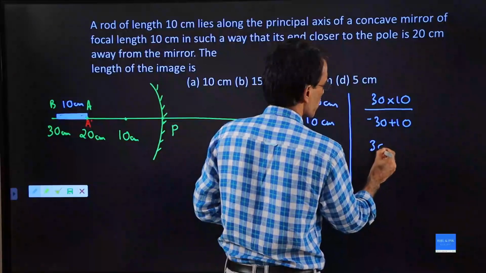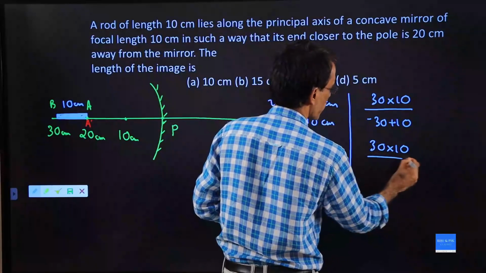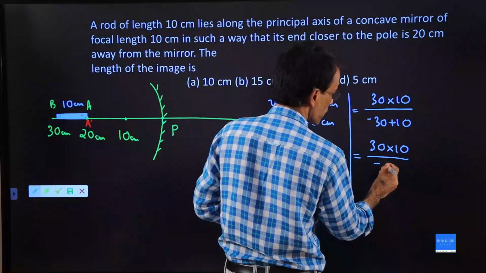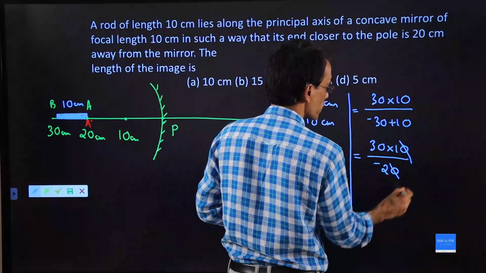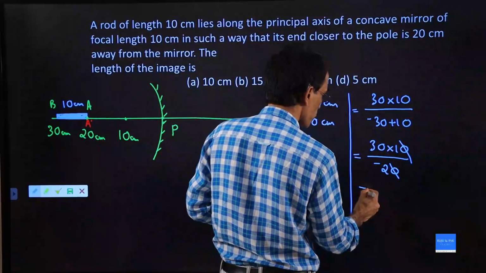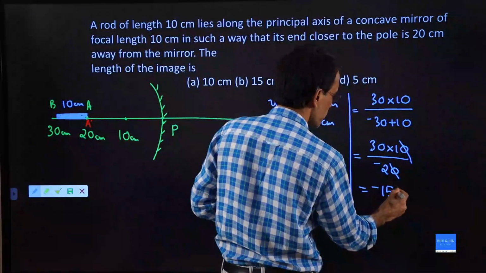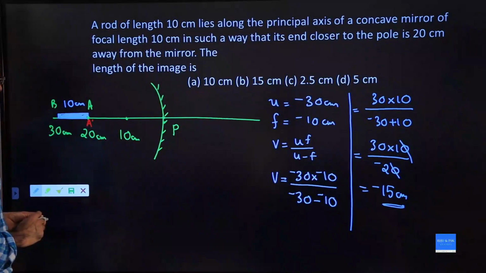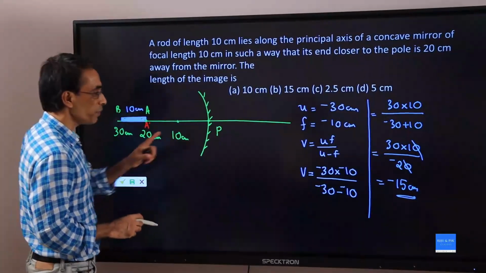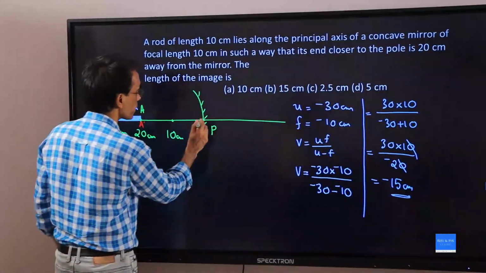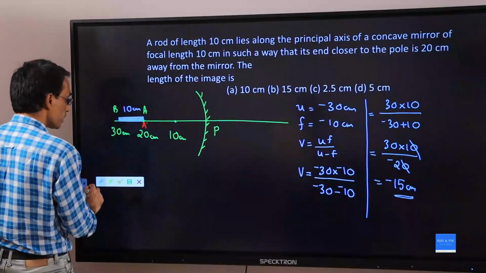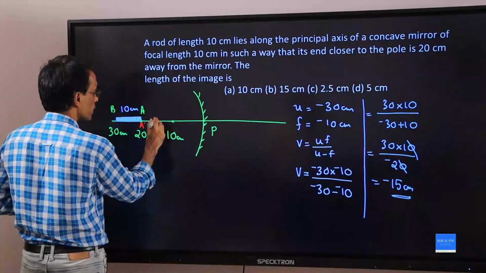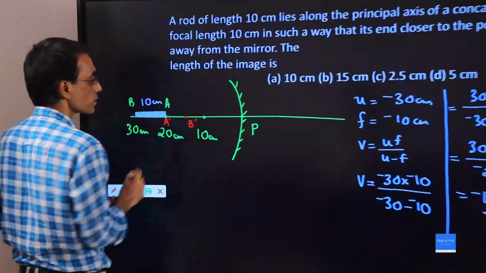So this gives you 30 into 10 divided by minus 20. 0 cancels 0, 2 cancels 3 2s, minus 15 centimeter. So where is the image of B? The image of B is at 15 centimeter from the pole in the negative direction. That means this B dash will appear here. This is B dash.